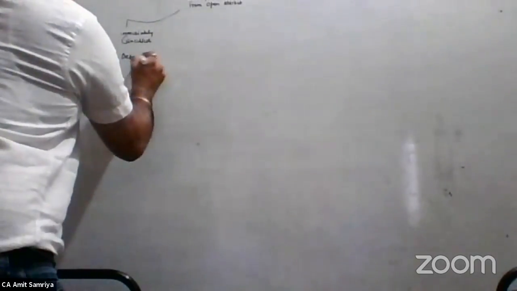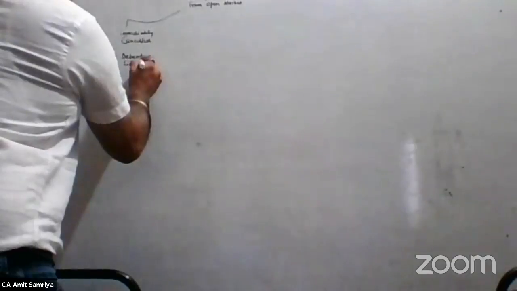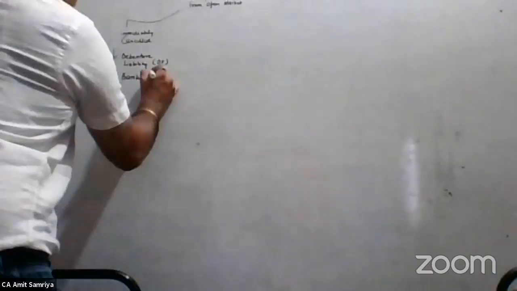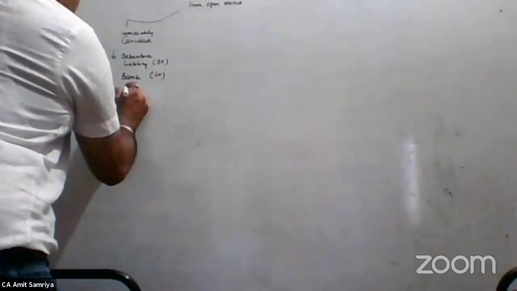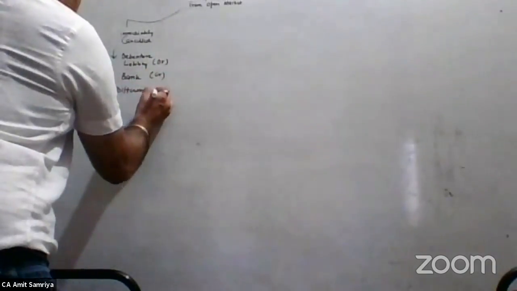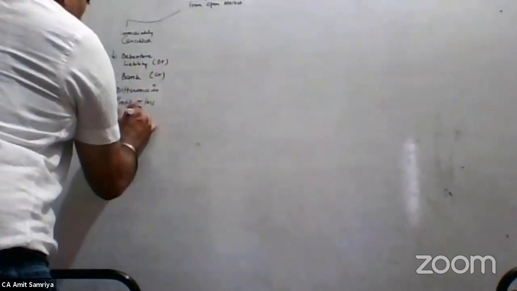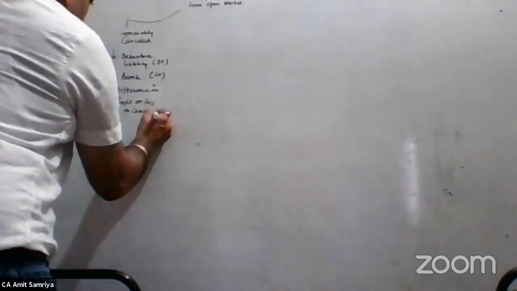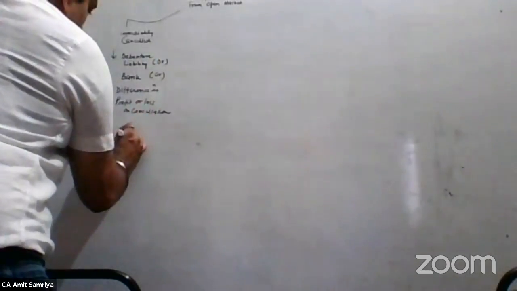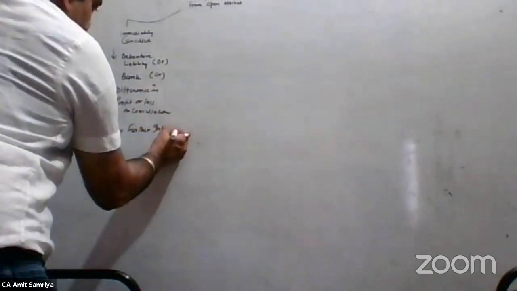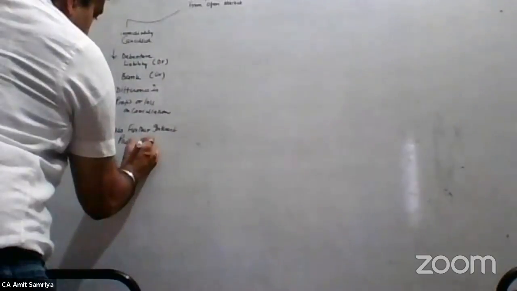Debenture liability account, debit; bank, credit. The difference is profit or loss on cancellation. No further interest is payable by the company.